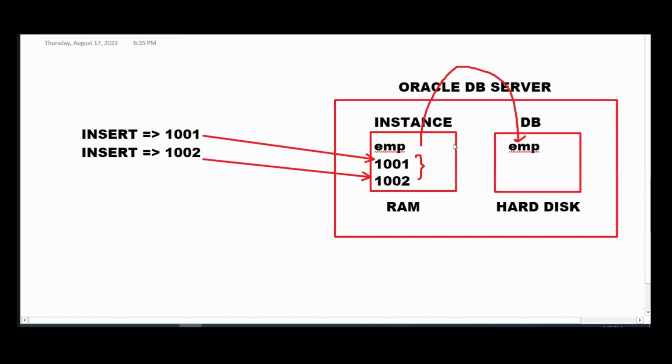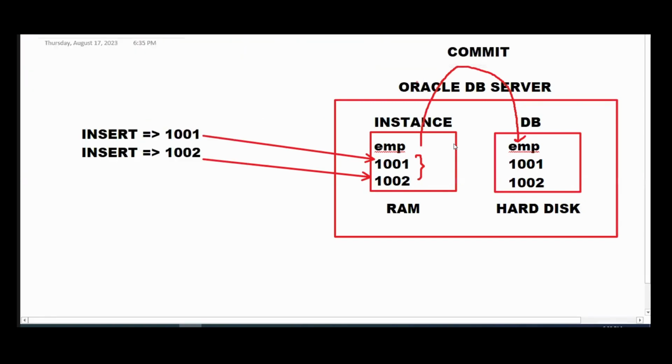I want to move these changes from the instance to the database. 1001 I want to insert into the database, and 1002 I want to insert into the database permanently in the hard disk. The changes in the instance I want to apply to the hard disk. For this, which command do we use here? The commit command we use.